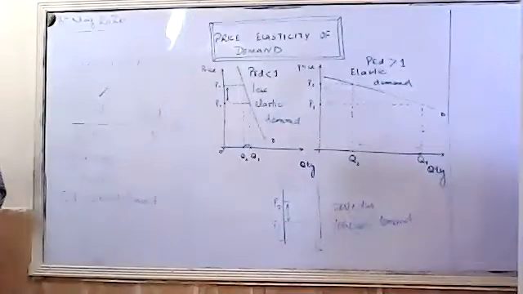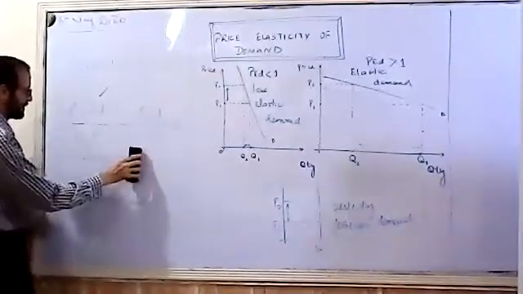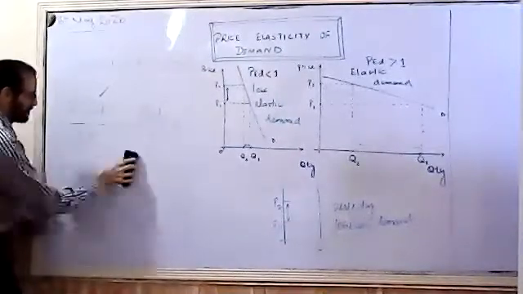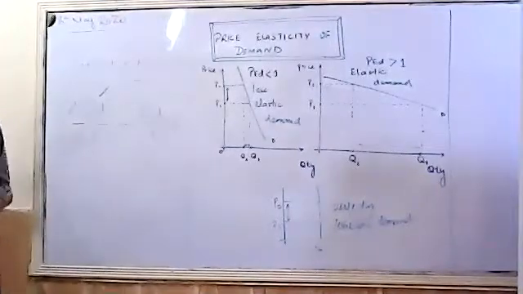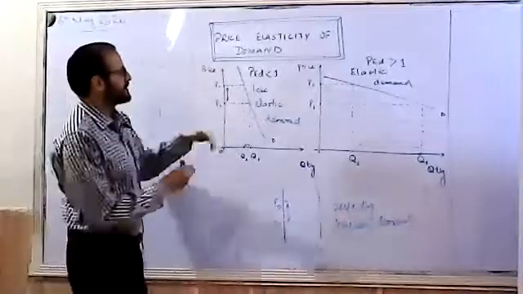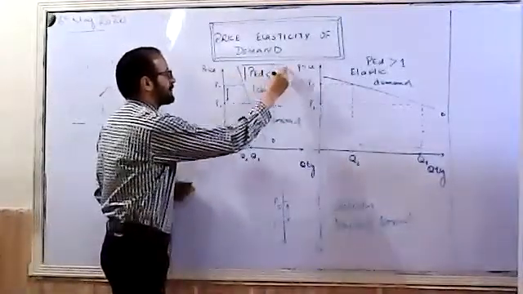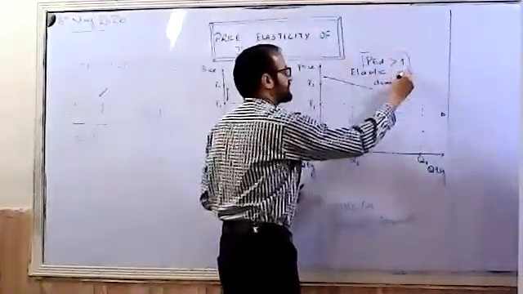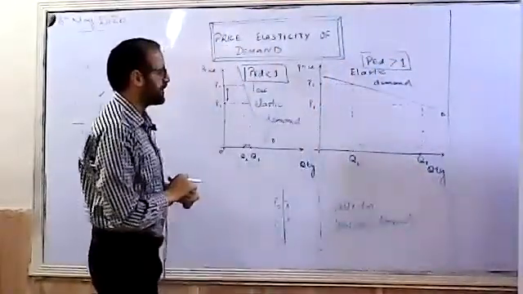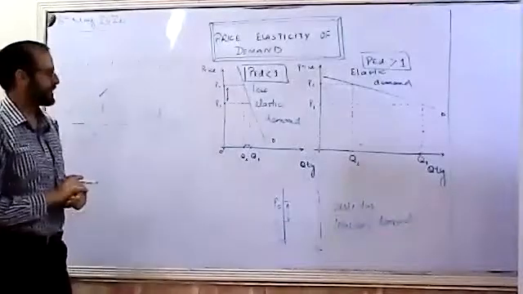Okay. Now, let's take some examples without the table. This is something which we have learned: the price elasticity of demand is less than 1. This is price elasticity of demand greater than 1. What about the unitary elastic demand curve?